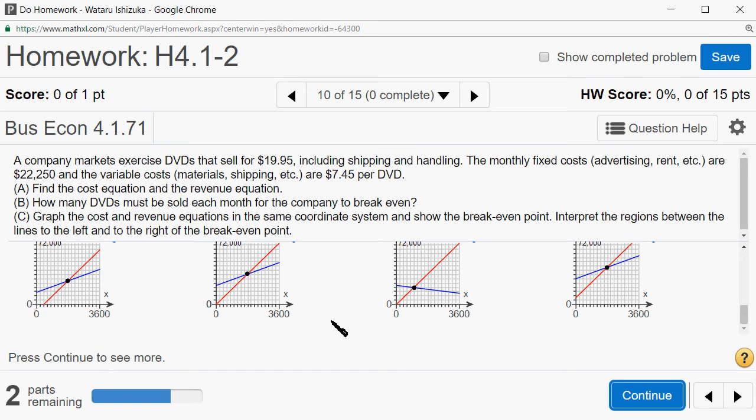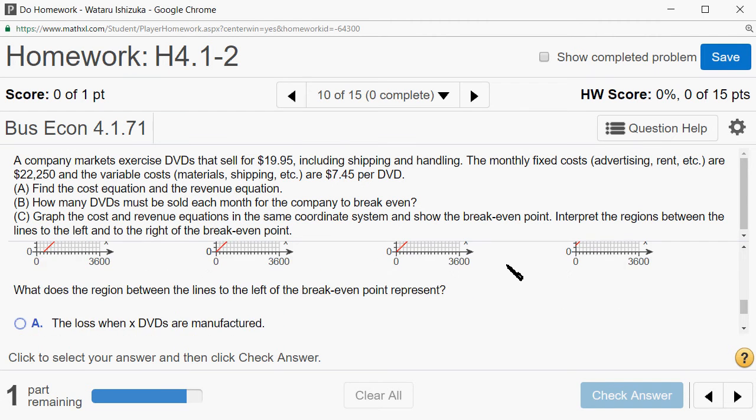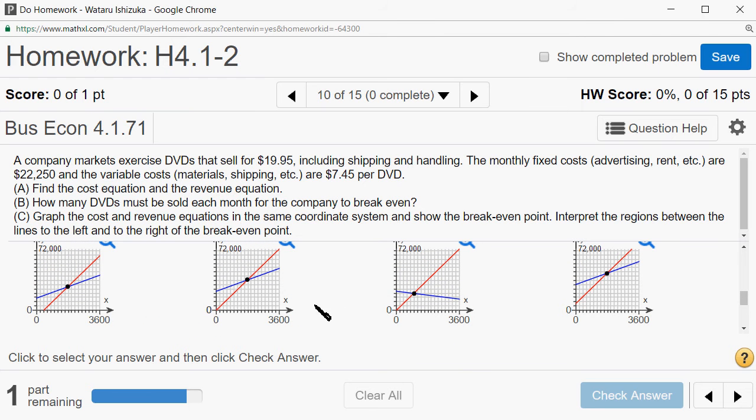Alright, then let's continue to see more. Alright, then it says, what does the region between the lines to the left of the break-even point represent? Alright, so here, this is the break-even point.